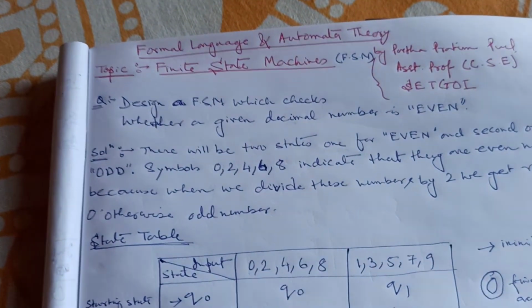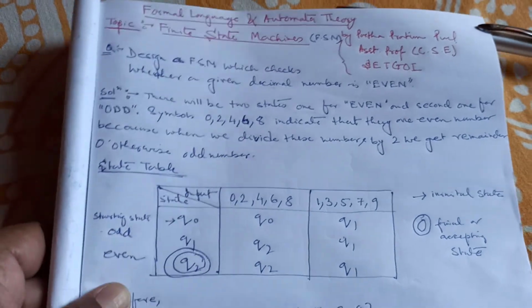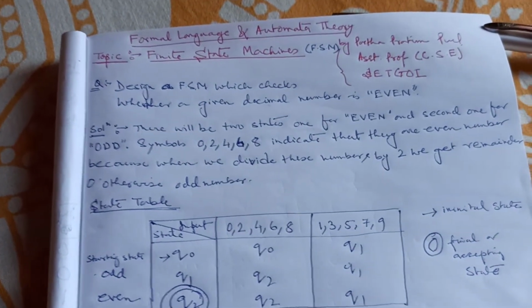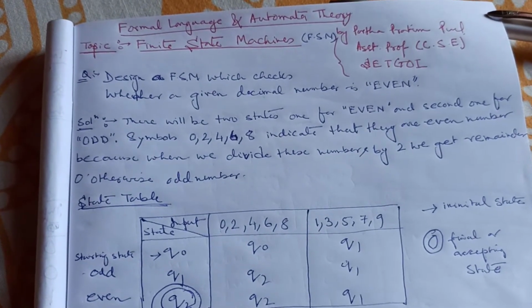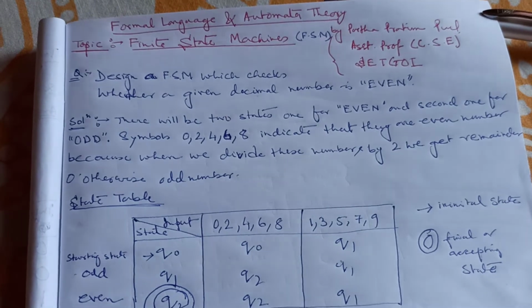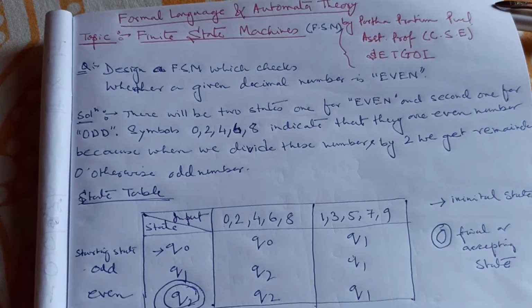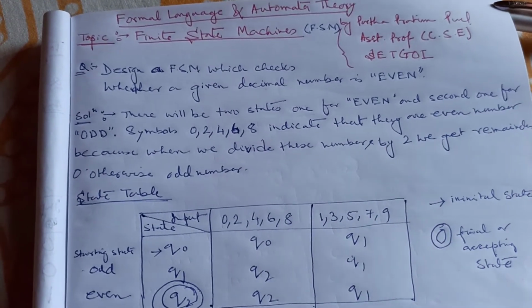Before going to the problem we have to take some prerequisites. First we will think that there will be two states, one for even and the other for odd.